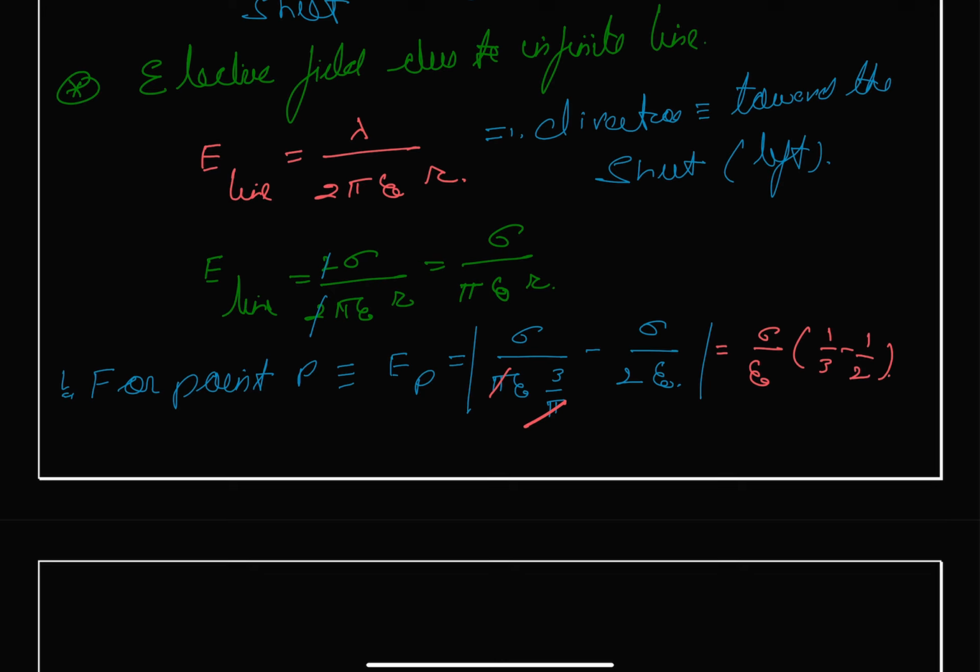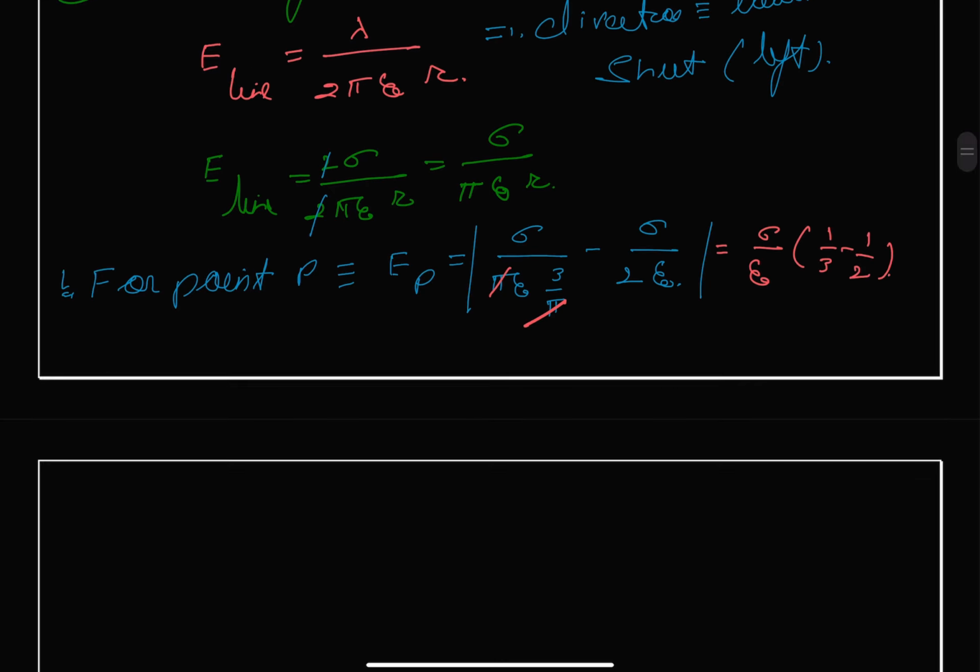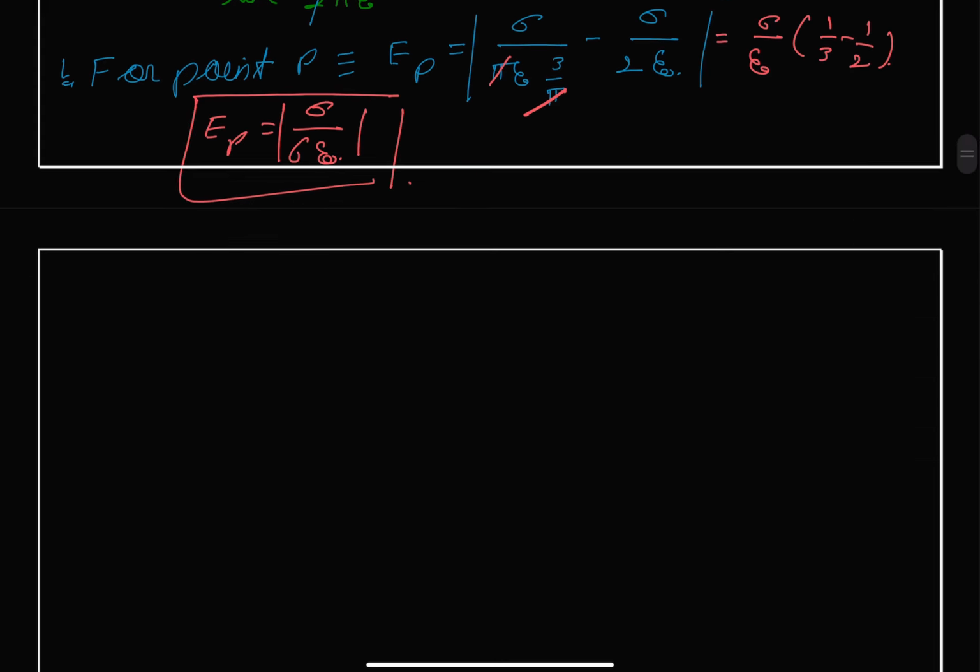Okay, so LCM will give us 6. So we can say our EP magnitude wise will be equal to 1 by 6. So this comes as sigma upon 6 epsilon naught. Similarly, we find out for point Q.